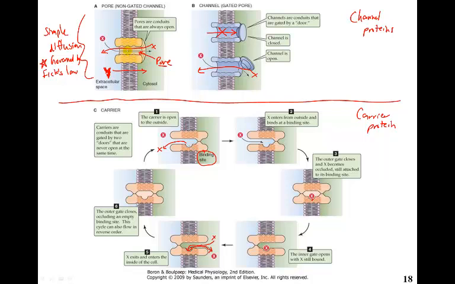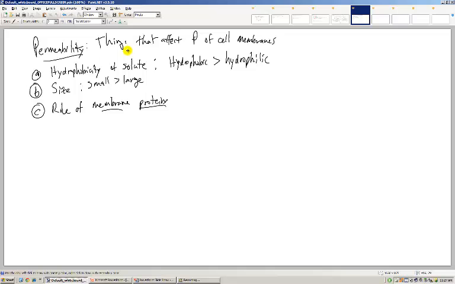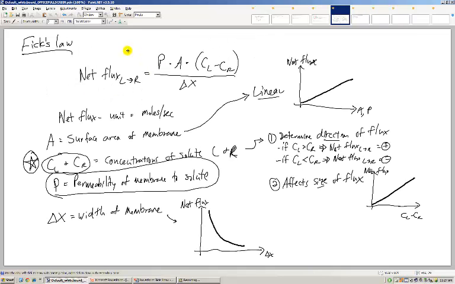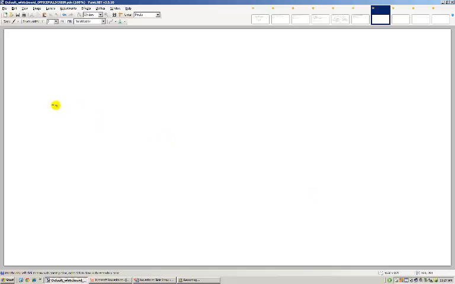So a channel protein, really all it does is it affects P. So P would be for a pure phospholipid bilayer. If we were talking about sodium, P would be 0. So this will be my drawing of the phospholipid bilayer.